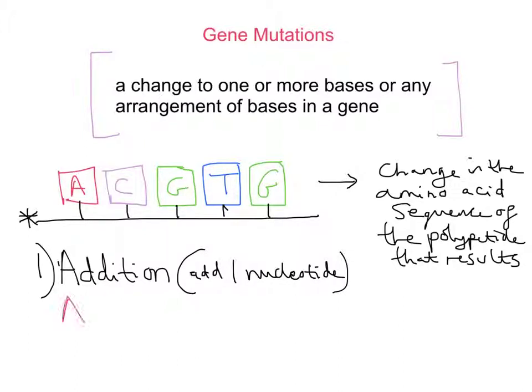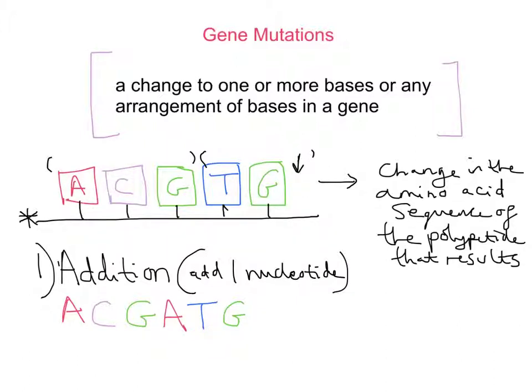So we could get something like A, C, G, and then randomly an extra A appears, then T, and then we have G. Now, if you've learned about the triplet code, you know that the base sequence is read as a sequence of 3, a codon. So at the top, we would read this as ACG, then TG, and whatever the next base in the sequence would be here.